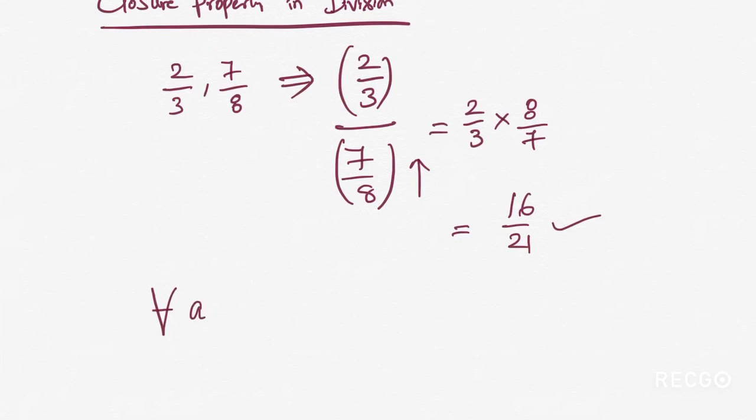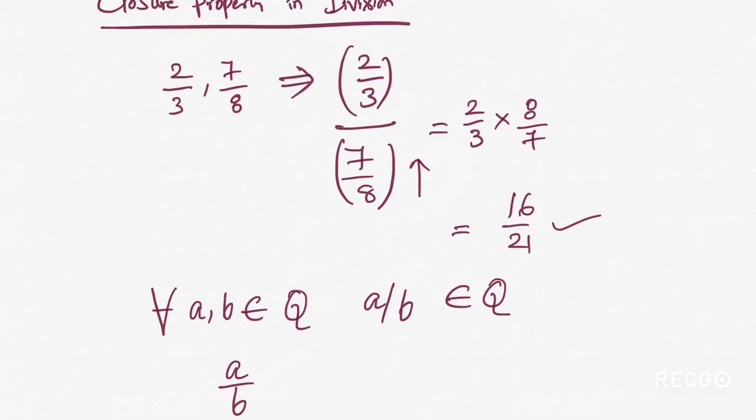How can we represent it? For all a comma b belongs to rational numbers, a divided by b will also belong to rational numbers. But keep in mind, any number is in the form of a by b, or let's say p by q.